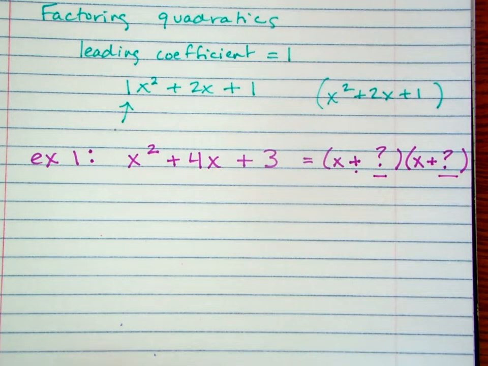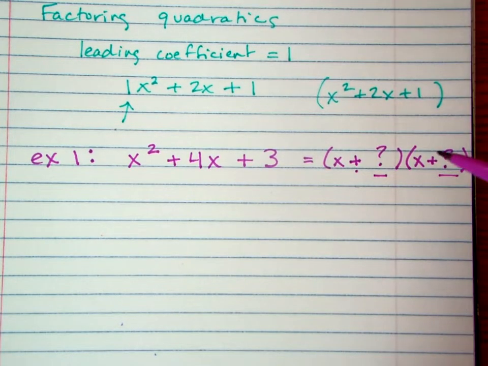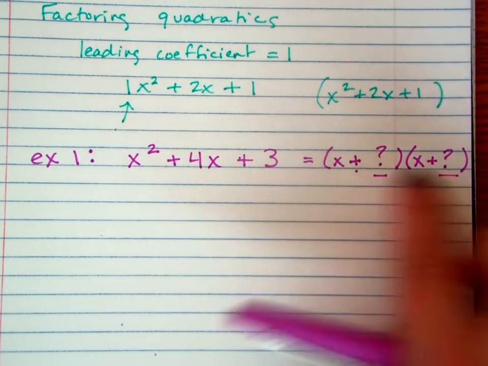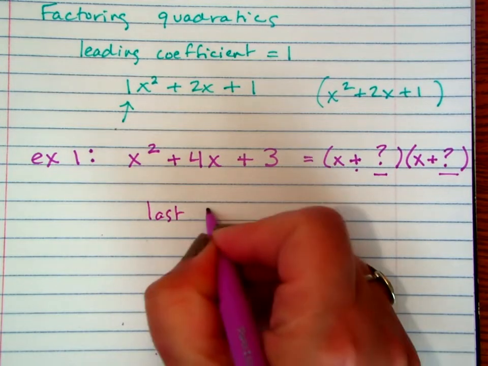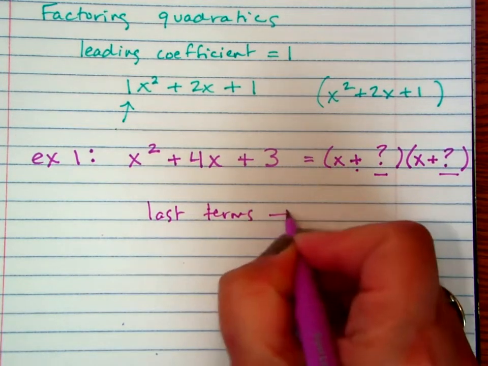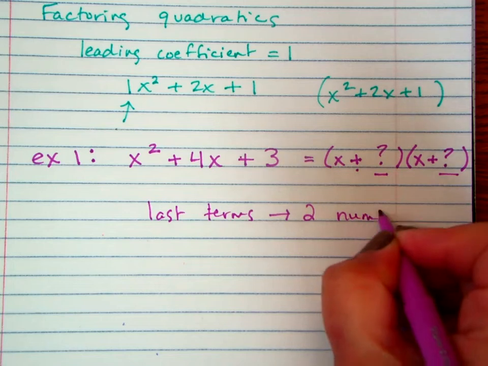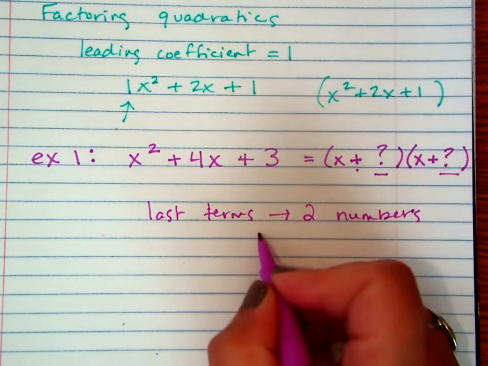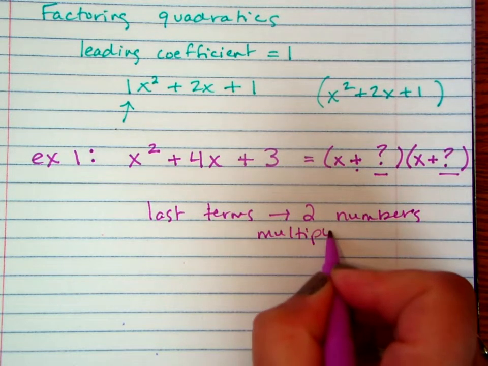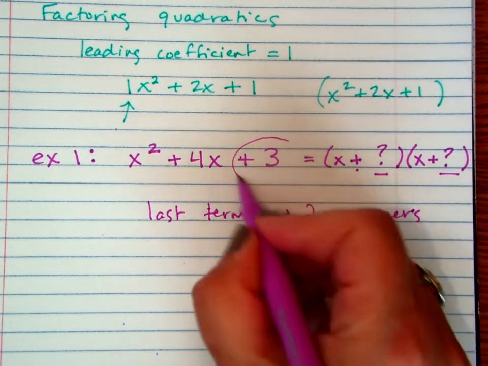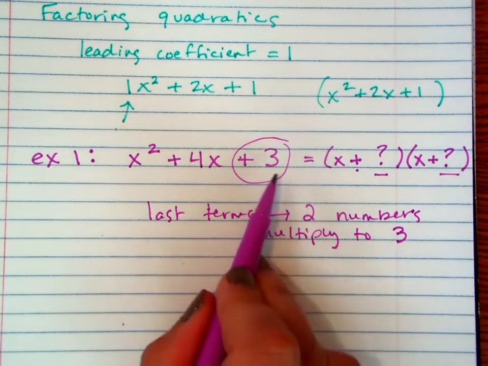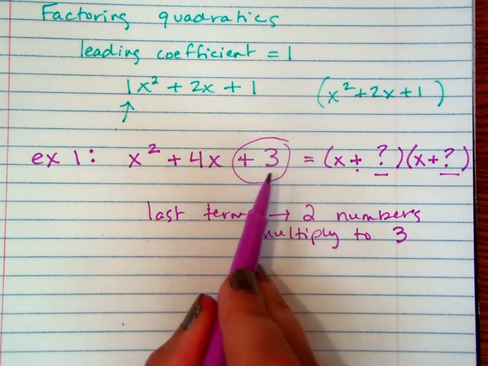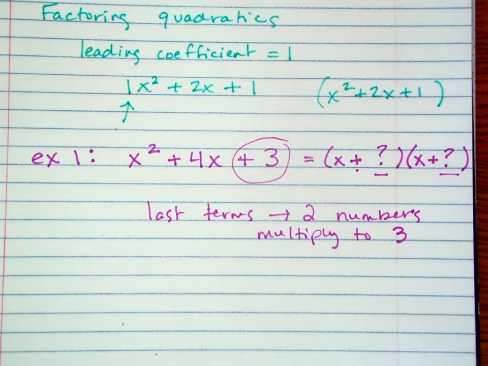As we went from FOIL to the expanded form, these two last terms, which are two numbers with no x, will multiply to that last term here, the coefficient that has no variable, or has x to the power of 0 technically.